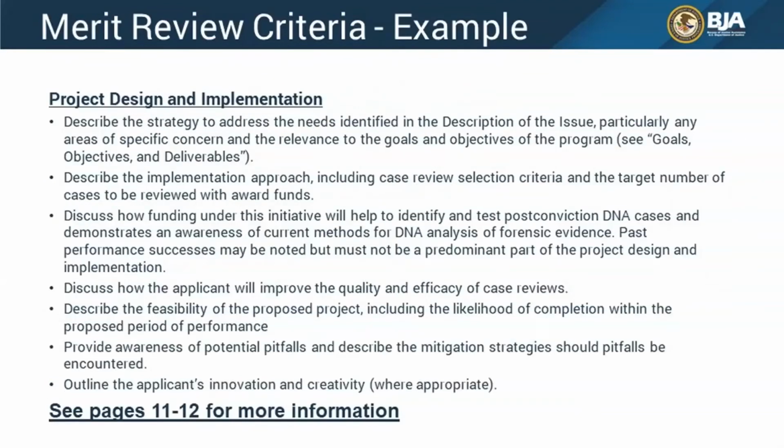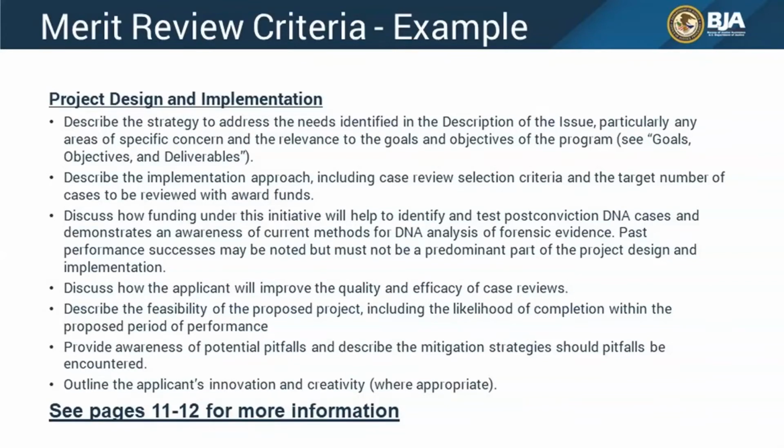More details can be found on pages 11 to 12 of the solicitation for what to include in your application. For example, if you turn to page 11, under the project design and implementation, the applicant will be scored according to this whole list of bullets. I will read the first few. The applicant will be scored on how well they describe the strategy to address the needs identified in the description of the issue, particularly any areas of special concern and their relevance to the goals and objectives of the program.